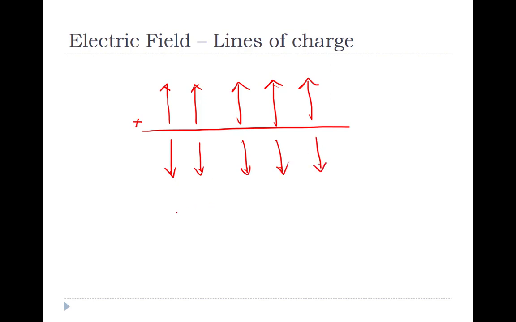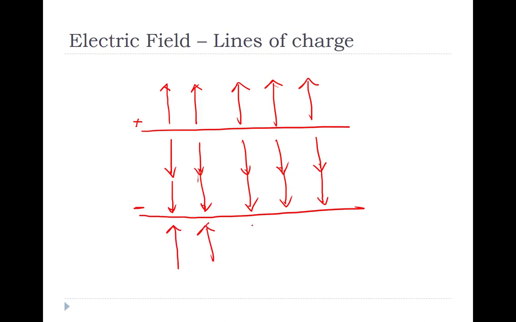Now what's really, really cool is if I take and put a second line of charge with the opposite sign, then those field lines basically extend all the way across. And the nice thing is that the field in between our two lines of charge is constant.